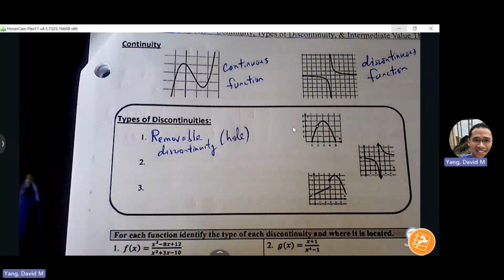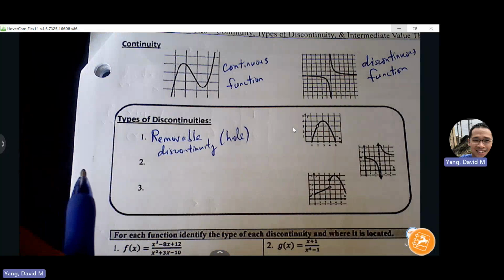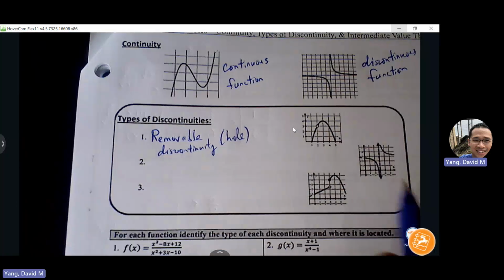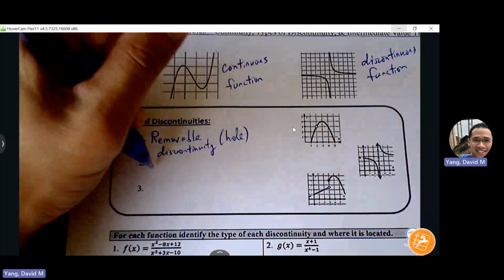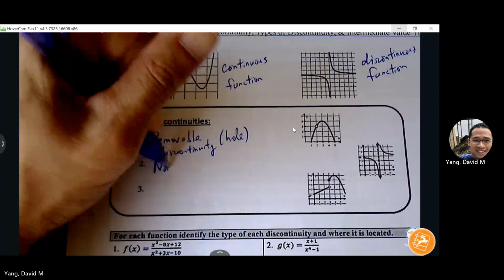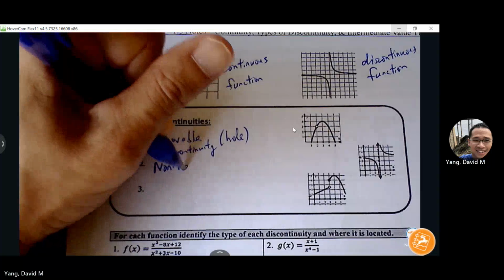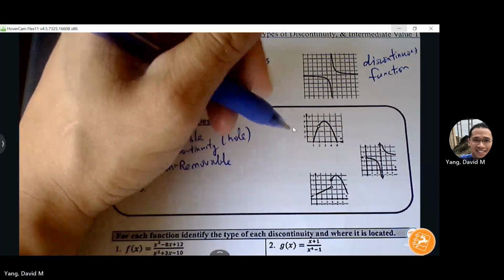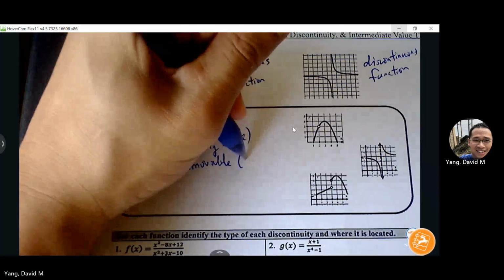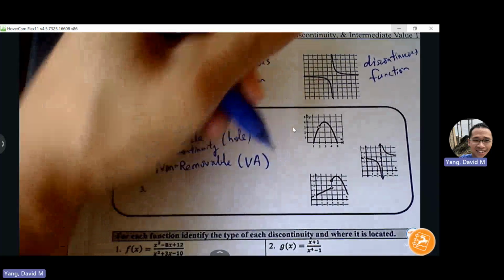Now, if I'm discontinuous due to vertical asymptotes, like this one here, we call that a non-removable discontinuity, due to a vertical asymptote.